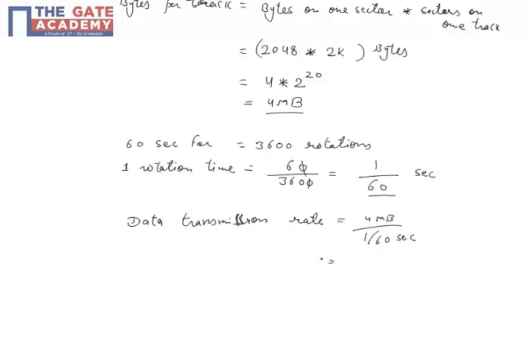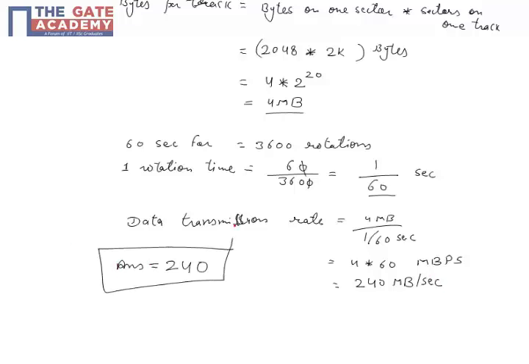So it will be 4 multiplied by 60 MB per second, that is 240 MB per second. So my answer for the question is that this particular disk will provide me a speed of 240 MB per second.